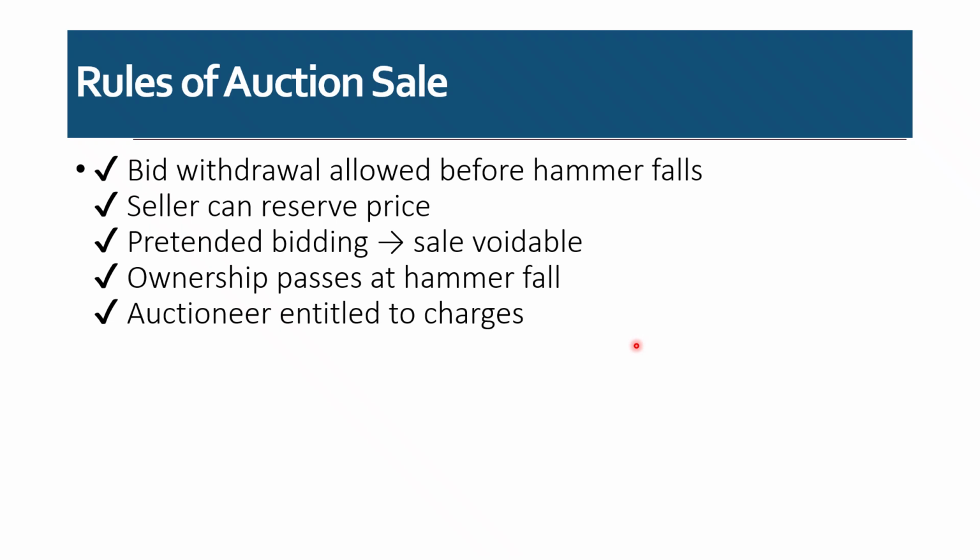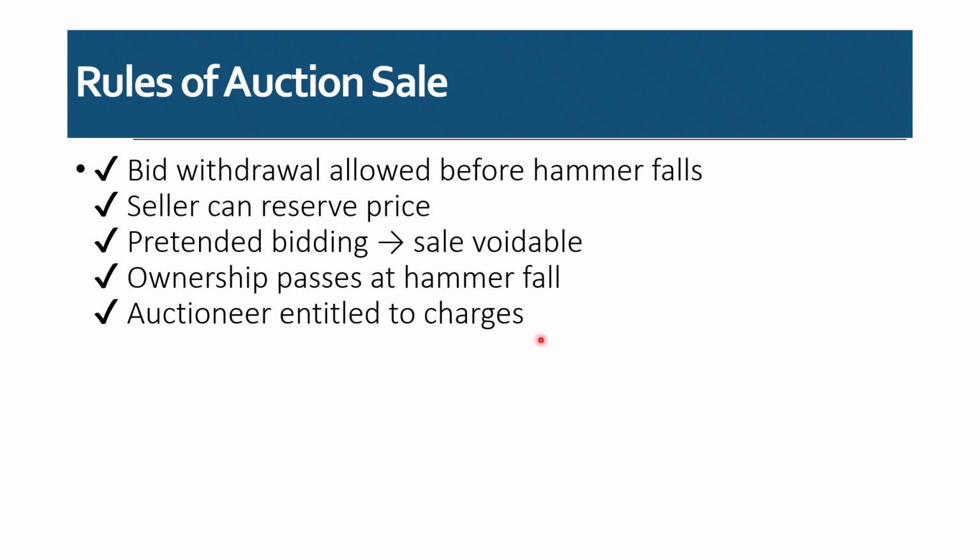Then is right to bid. Unless prohibited, a seller can reserve the right to bid, but this must be clearly declared beforehand. Ownership passes at the hammer fall. We know that the bid is only confirmed with the fall of a hammer. And finally, the auctioneer is entitled to charges. This is also something which is decided beforehand.